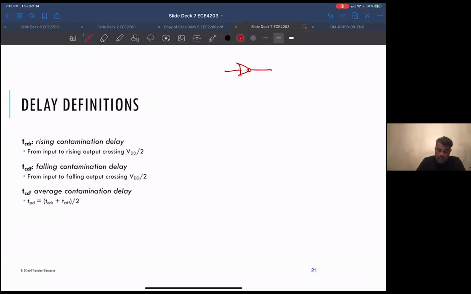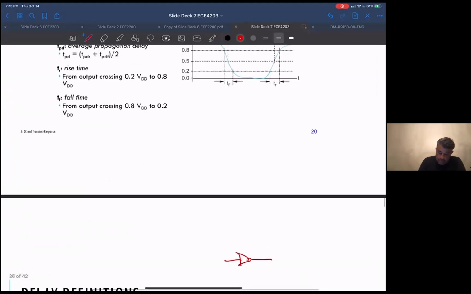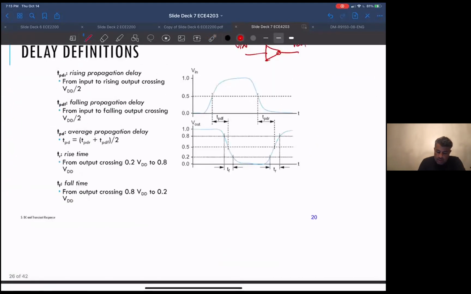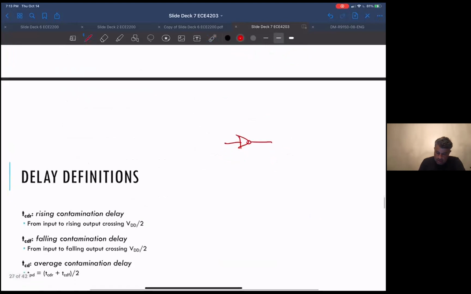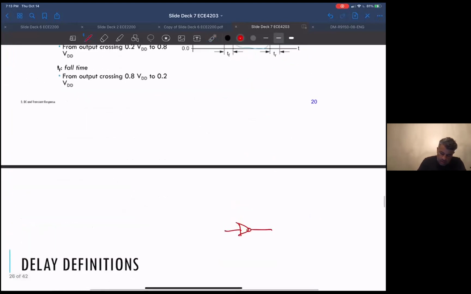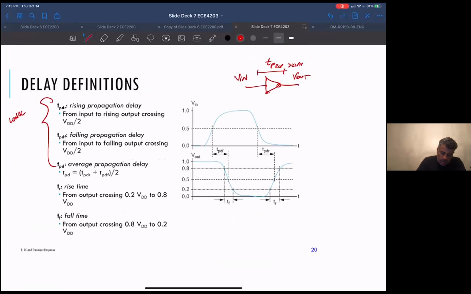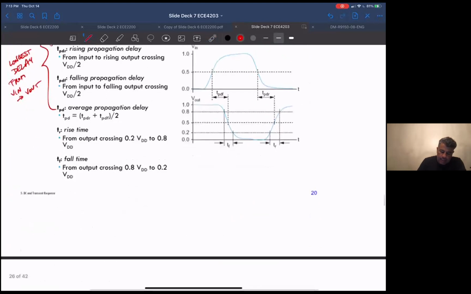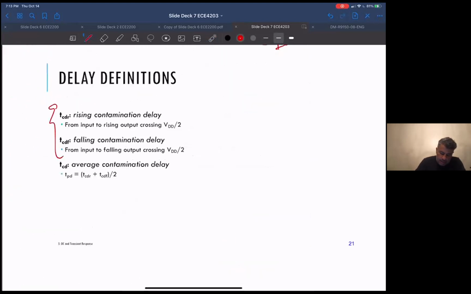Prop delay is the worst case delay, so prop delay is the longest delay from Vin to Vout. And contamination delay, I don't know why it's called contamination delay, is the shortest delay from Vin to Vout.